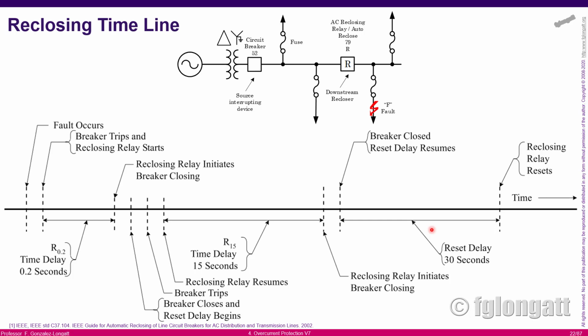In this example, we assume that at the first auto-reclose, the breaker was not successful, I mean, the interruption of the fault was not successful, and the fault detection device tripped the breaker again.